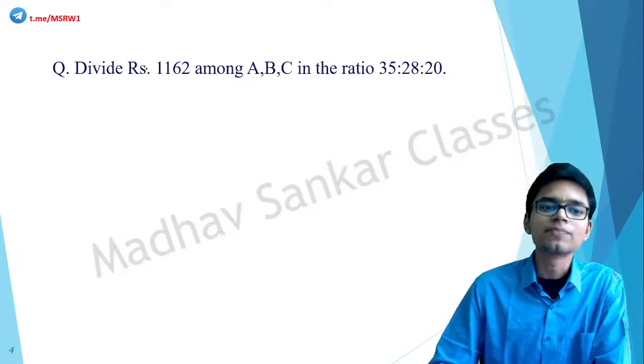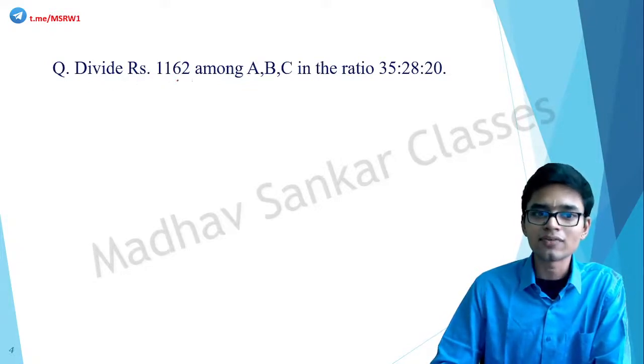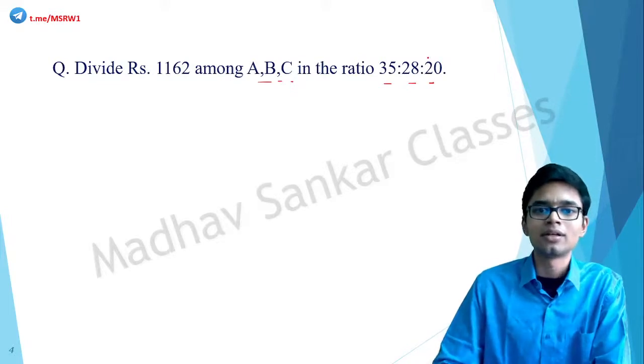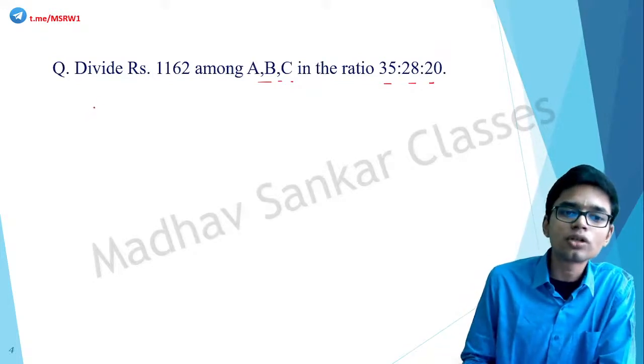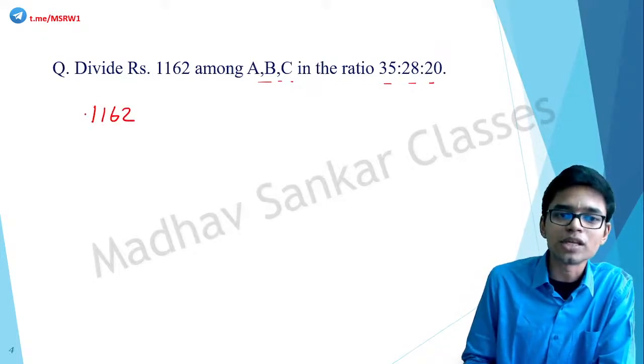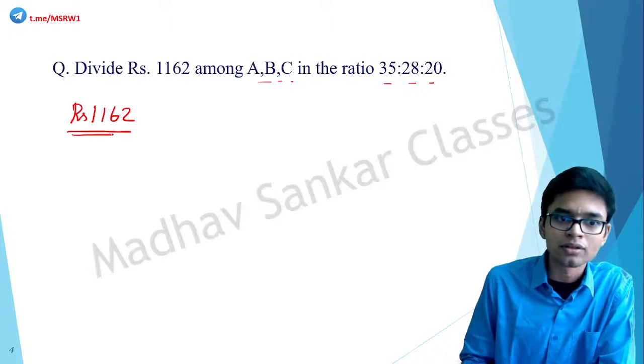So first question, divide rupees 1162 among A, B and C in the ratio 35 is to 28 is to 20. Very simple question, just to give you an understanding about what ratio is. So you have a total of 1162 rupees with you. Clear?